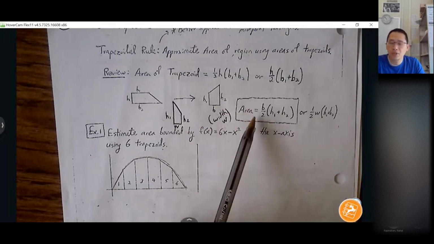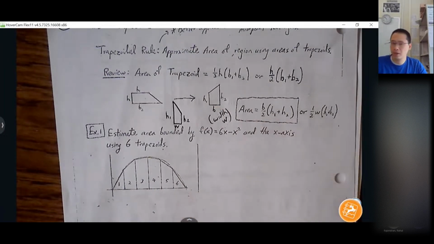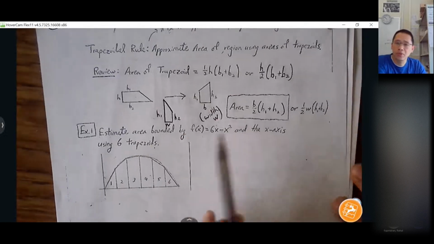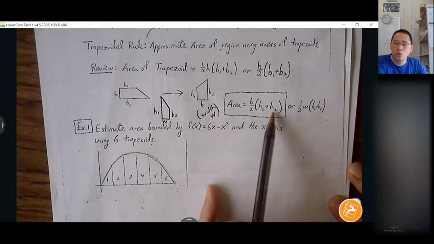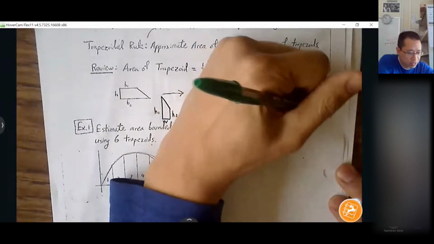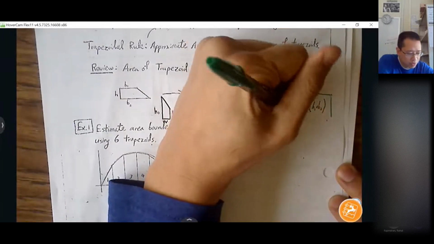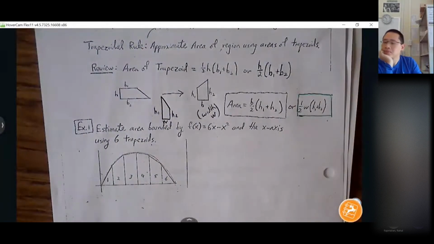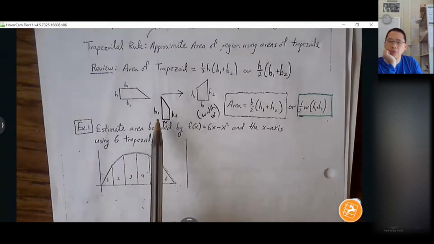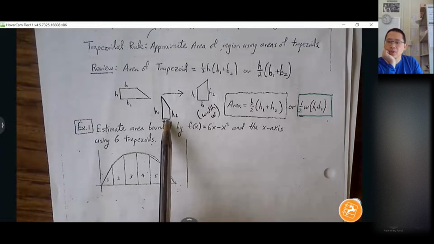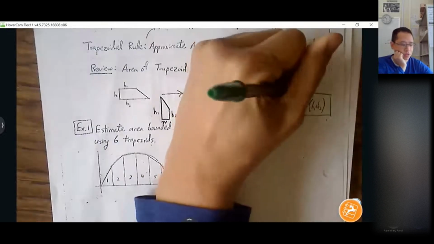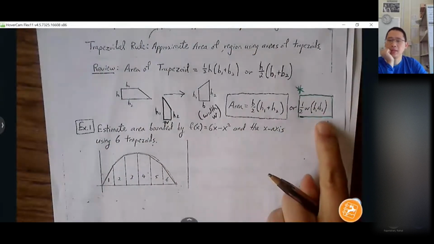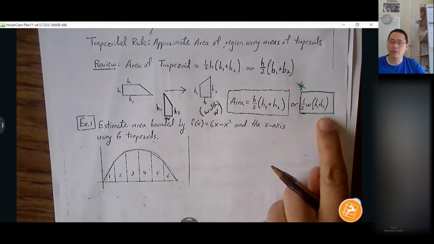We're also going to adjust the formula to match the orientation we're using. So instead of h over 2, we're going to do b over 2, or how about this? Let's use width instead. I think we're going to use width more often. Width is more descriptive. Width is just that horizontal distance. So 1/2 width times height 1 plus height 2. I'm going to be using this formula for my examples.